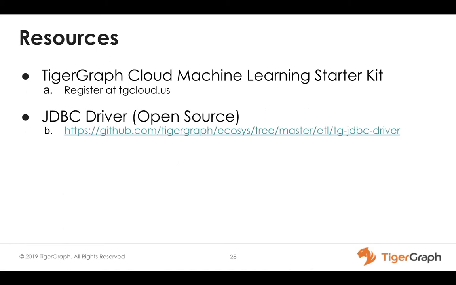After that, you can get to the JDBC Driver open source repository for TigerGraph, make the jar file and upload it into your Spark cluster, and you can communicate between Spark and TigerGraph that way. This is how you can do a simple graph feature extraction between Spark and TigerGraph. Hope you enjoyed the demo.